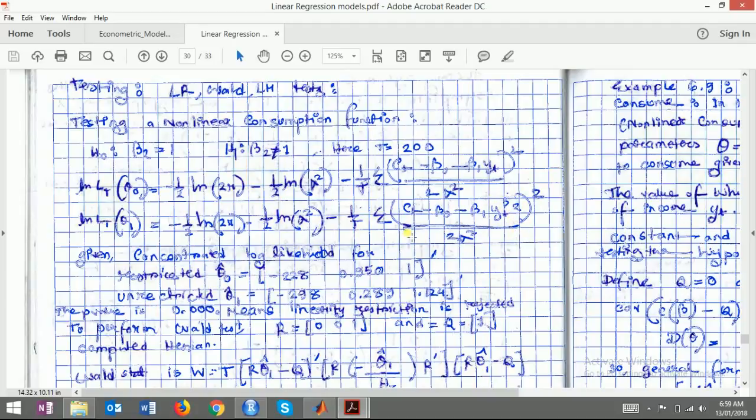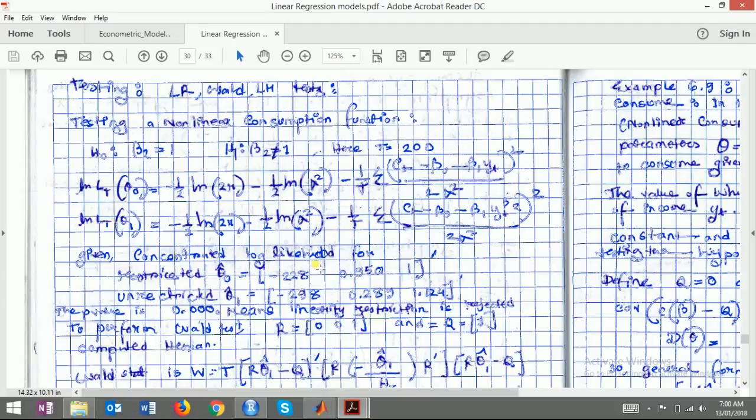Given the concentrated log likelihood, theta naught is restricted here, and you remember in the concentrated case we just do u_t transpose u_t divided by T to estimate the variance sigma square.